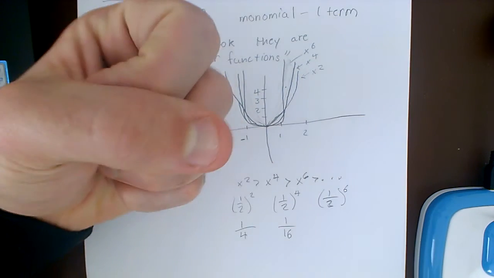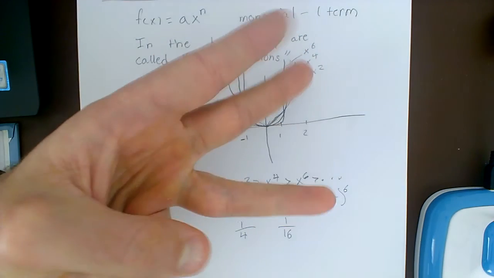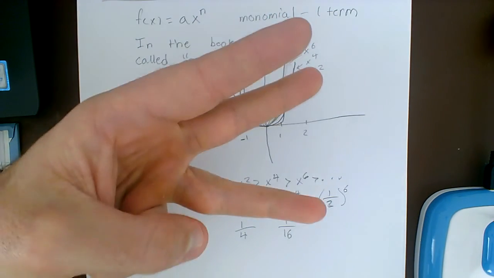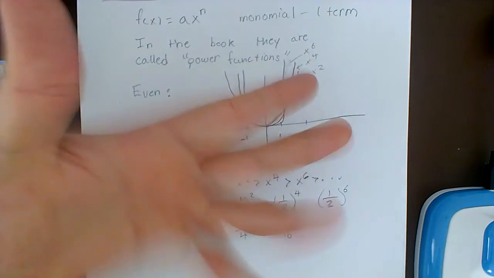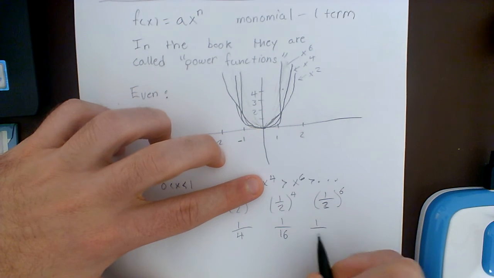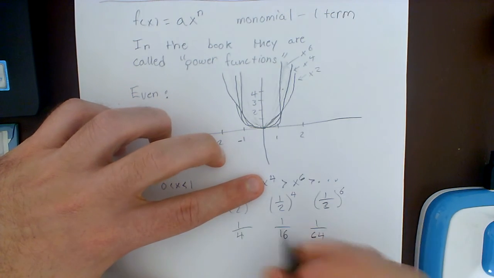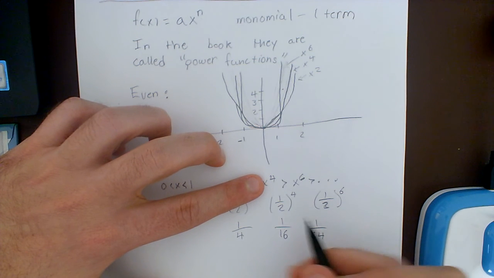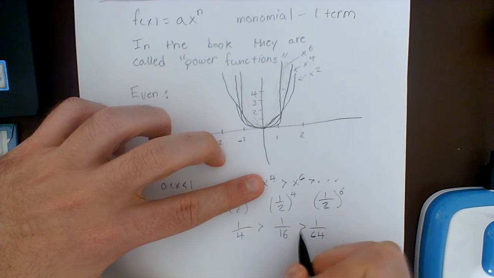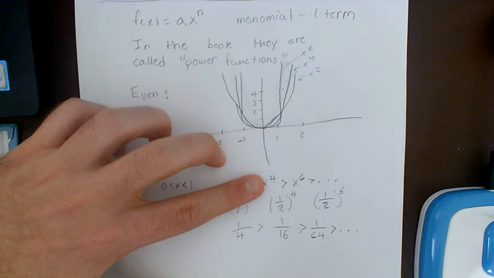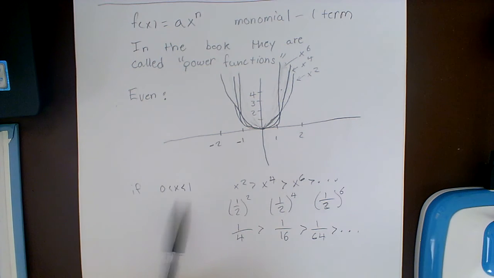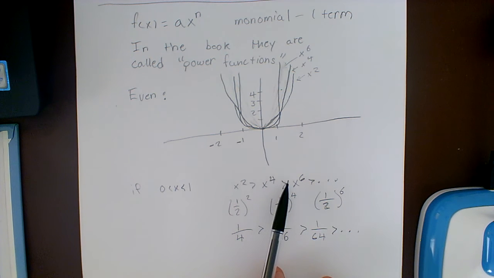And 2 to the 6th is 2, 4, 8, 16, 32, and 64. Right, so a 4th is bigger than a 16th, and a 16th is bigger than a 1/64th, and so forth. So that's why, if you're in between 0 and 1 and you have a positive fraction, this is going to be the case.